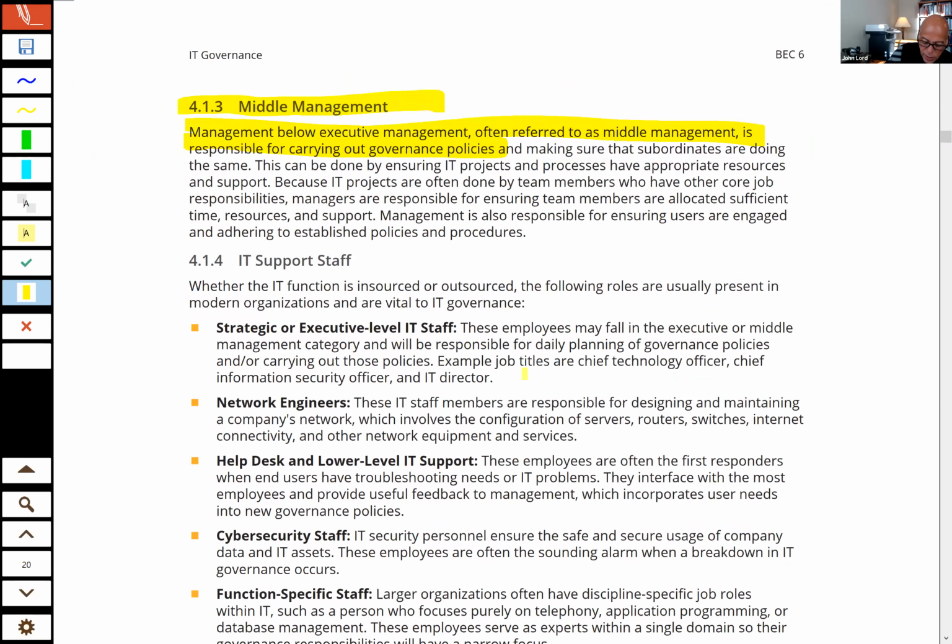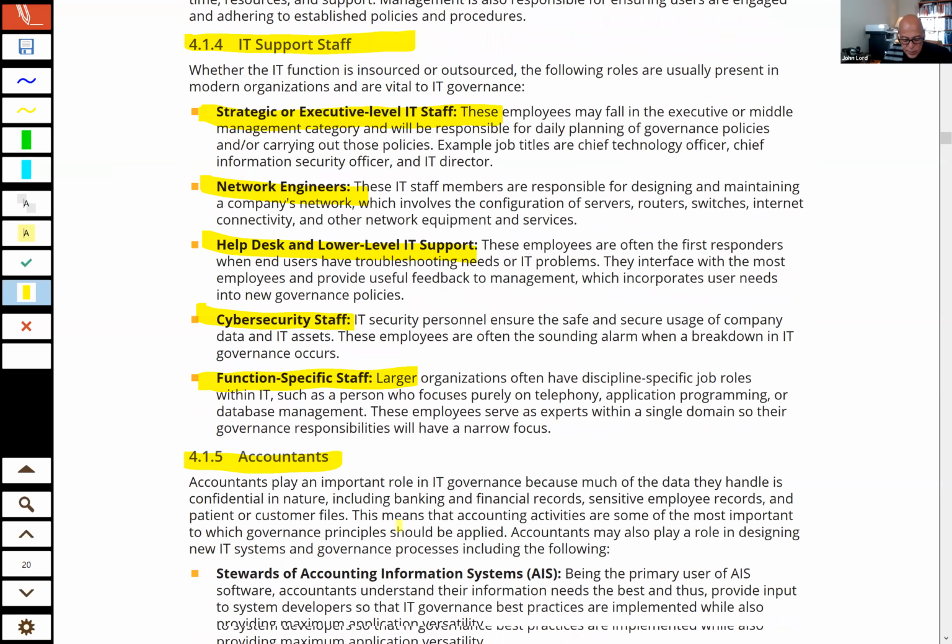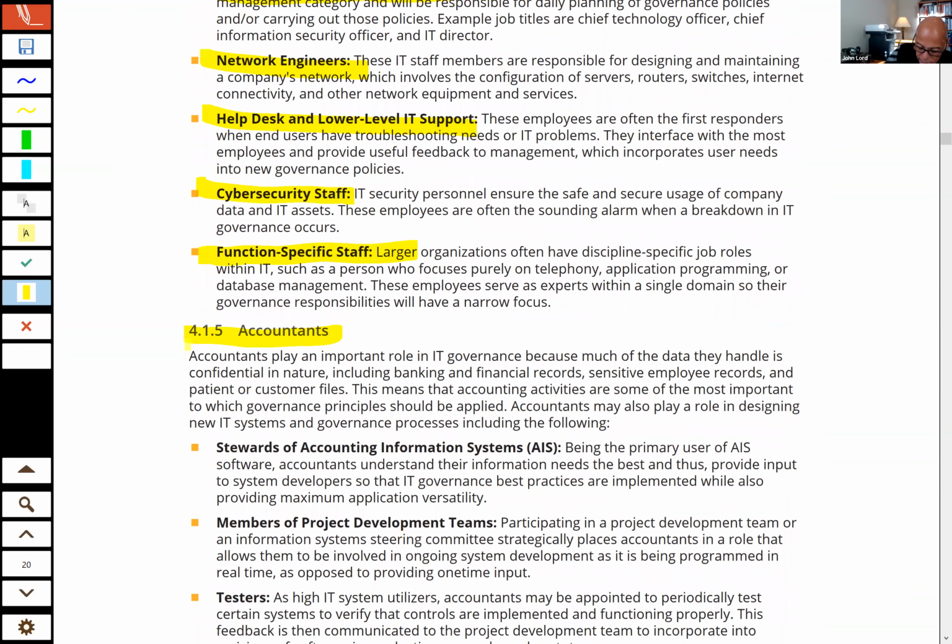IT support staff, okay? So we have our strategic executive level IT staff, network engineers, help desk, cybersecurity staff, function specific staff. And then of course, we have our accountants, and accountants play an important role in IT governance because much of the data they handle is confidential in nature: banking records, employee records.